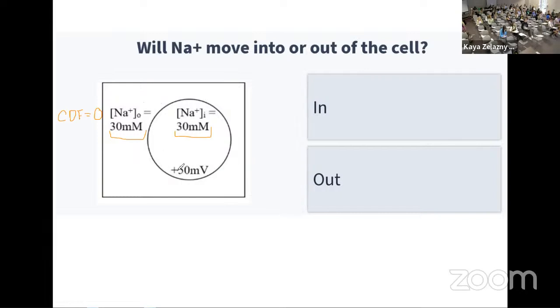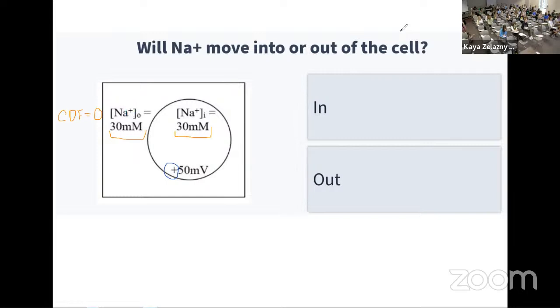We're looking at the charge inside the cell, so the polarity of the membrane potential is how we say that. The polarity of the membrane potential here is positive. And it's also important that we look at the charge on our particle. In this case, we can see that sodium is also positive.